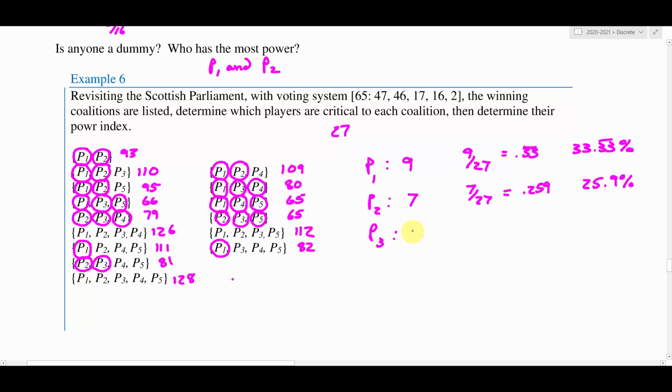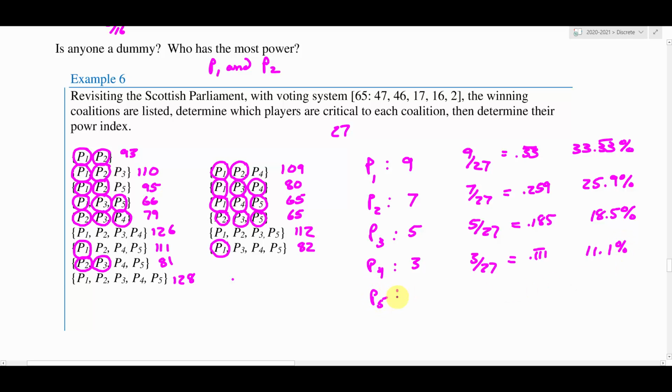So player 3 had 5, which would be 5 out of 27, which would give us 0.185 or 18.5% of the power. Player 4, remember player 4 had 16 votes, and they were essential 3 times. So 3 out of 27 for 0.111, repeating, for 11.1% of the power.